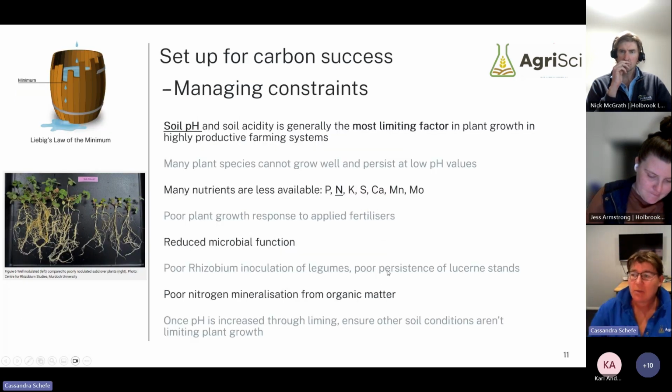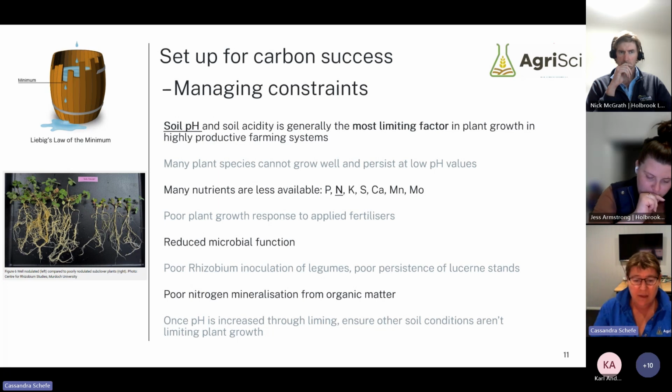In terms of how do we set up for carbon success, I mentioned already the role of soil constraints in our system. And a really easy way to think about it is Liebig's law of the minimum with the wine barrel or the leaking bucket. So whichever factor is most limiting in terms of our soil chemical or physical parameters will then also be the most limiting in terms of how much organic matter and carbon we can build.